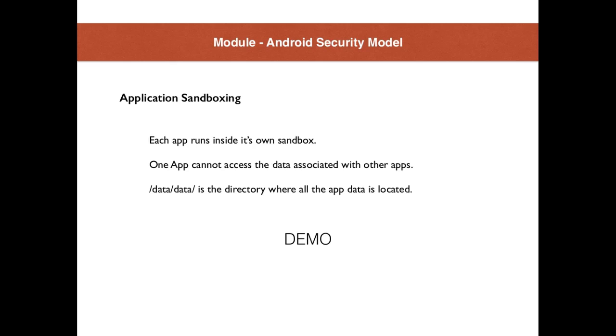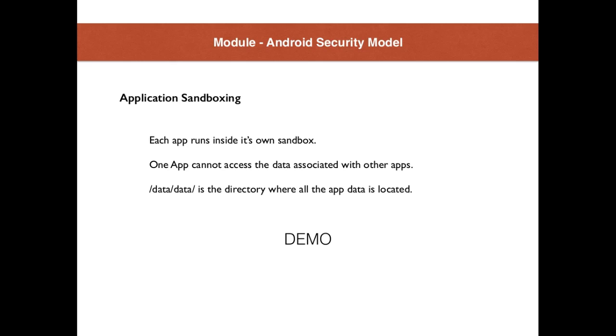There are some exemptions. Application A can access the data of application B if both applications are developed by the same developer and he allows them to communicate with each other. But that's an exemption. In general, one application running inside its own instance cannot access the data associated with other applications running on the same device.